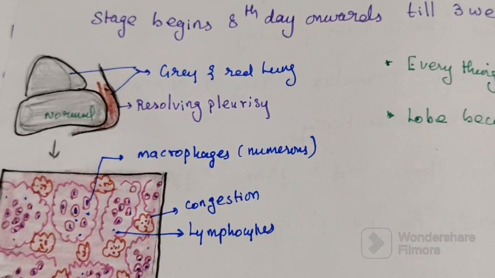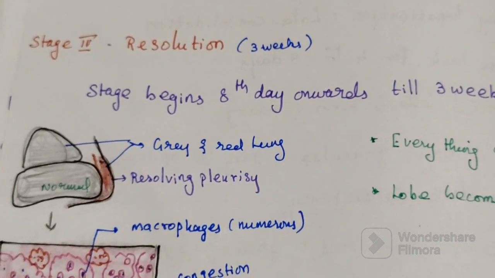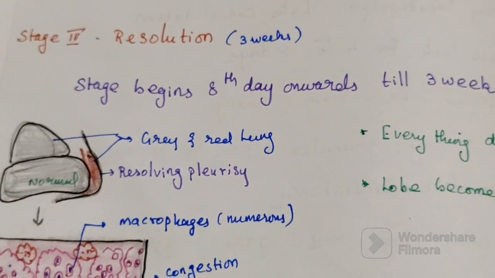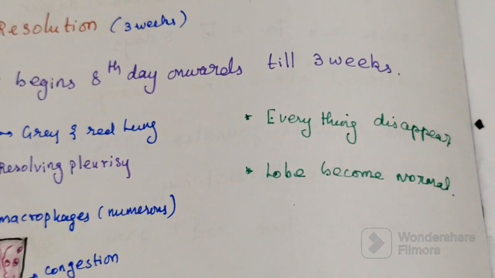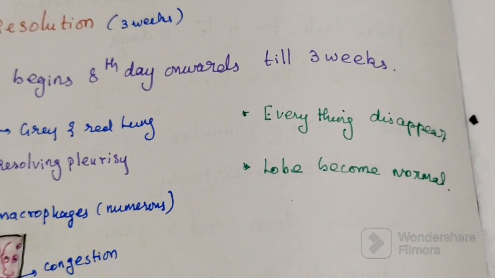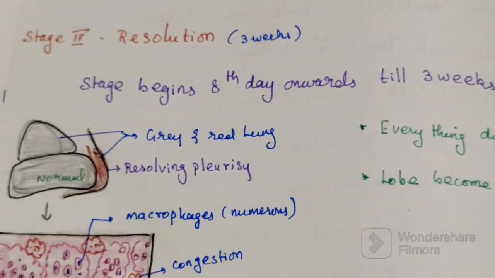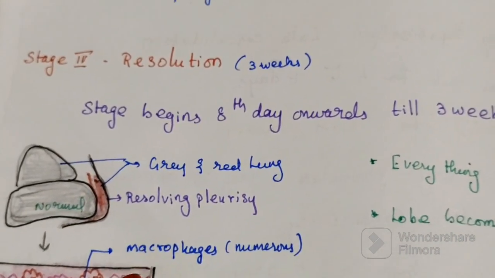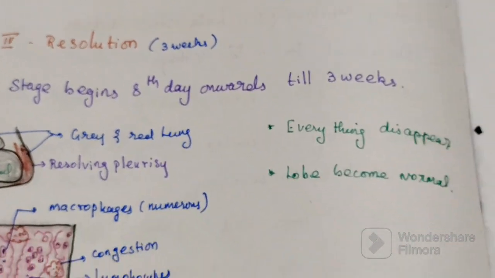That is known as resolution. From the 8th day onwards up to 3 weeks, everything disappears, macrophages also disappear, and the lobe becomes normal. So here gray, here red.